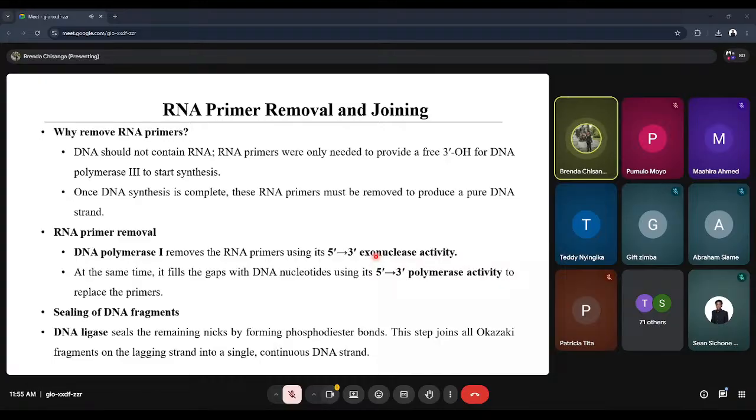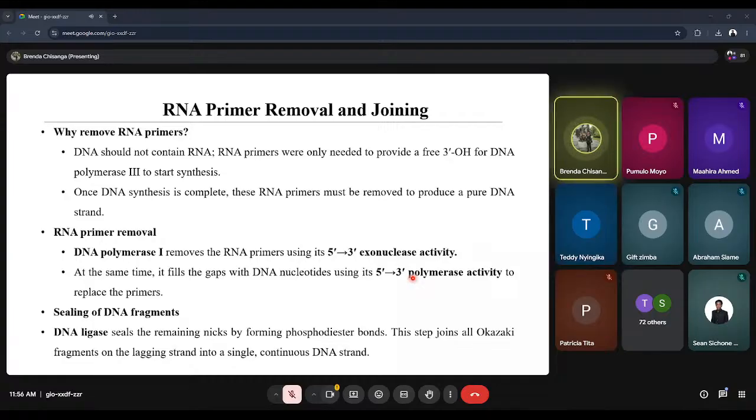So polymerase 1 comes in to synthesize short DNA fragments, and the direction of synthesis in the same way is from 5 to 3. And then you might wonder, why doesn't it need a primer? Because remember there's already existing DNA, it's just been chipped. So it can easily synthesize the part that has been removed.